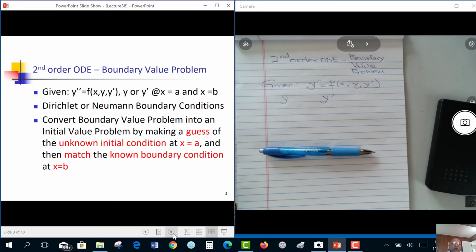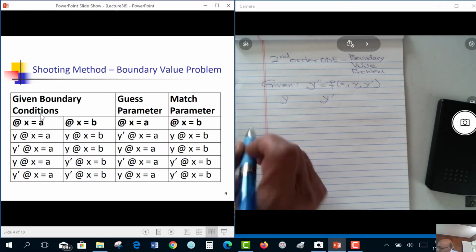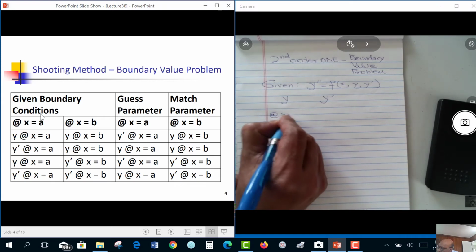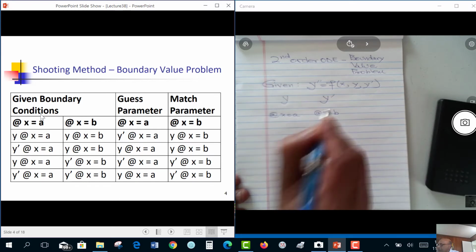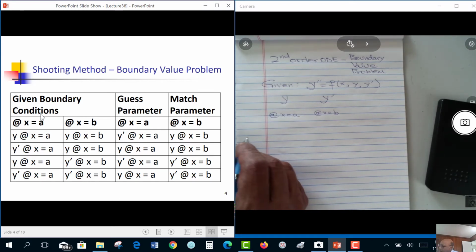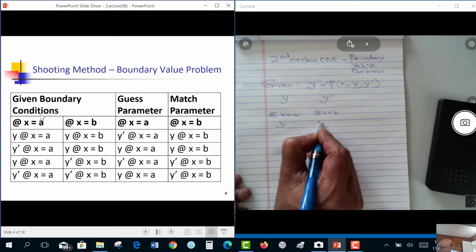So let's see what kind of combinations we can have. Let's suppose we are given one boundary condition at x is equal to a and another boundary condition at x is equal to b. So we could have four combinations. We could be given y at both locations.